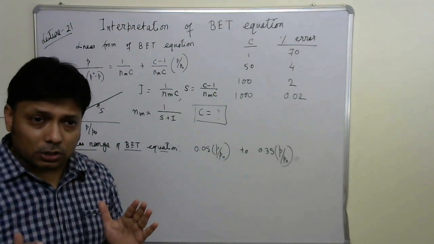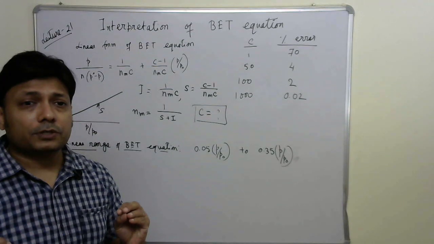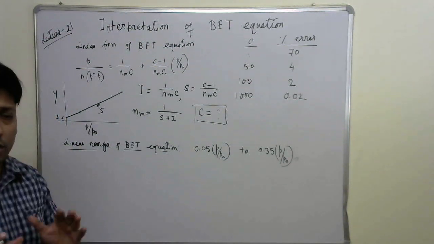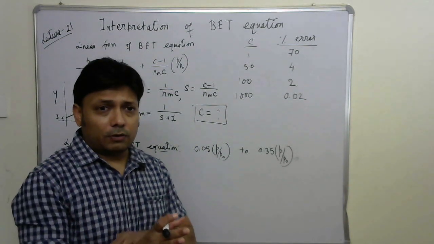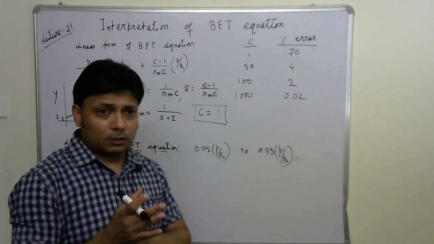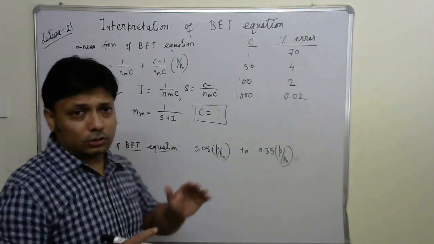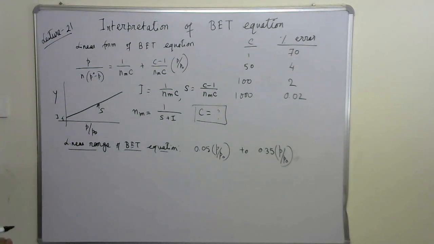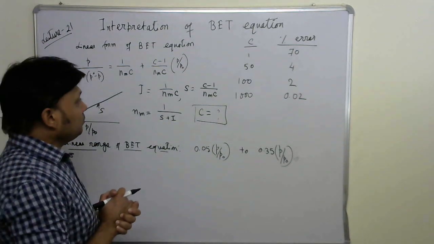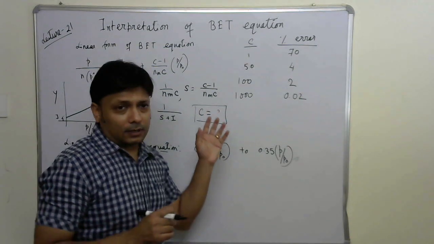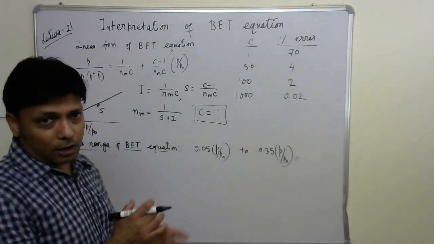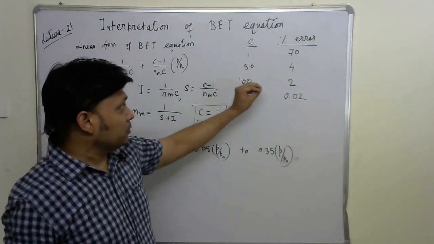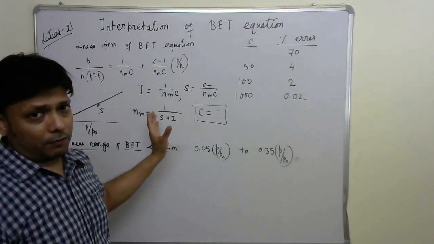This is an approximation, but sometimes it holds very good because the intercept is small. So if you see a BET area determined by a straight line passing through the origin, you may accept it, there's nothing wrong in it. Secondly, the C value has a big significance in determining the surface area. Why? Because the larger the value of C, the less would be the percentage error in determining the surface area.